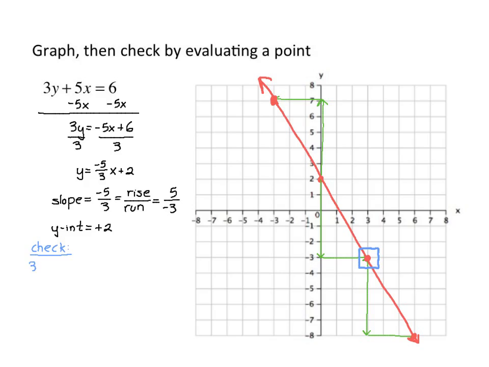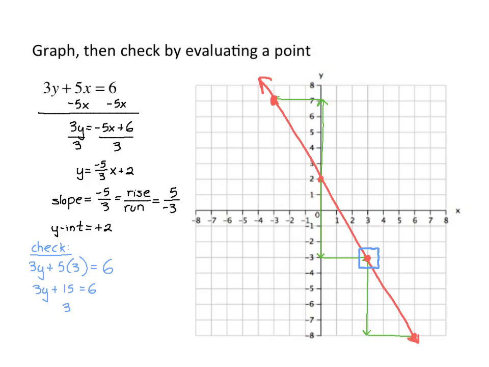So 3y, and if I plug in x is 3, and I solve this equation for y, I'm hoping that I'm going to get that y equals negative 3. Well, let's see. If I simplify here, I end up with 3y plus 15 equals 6.